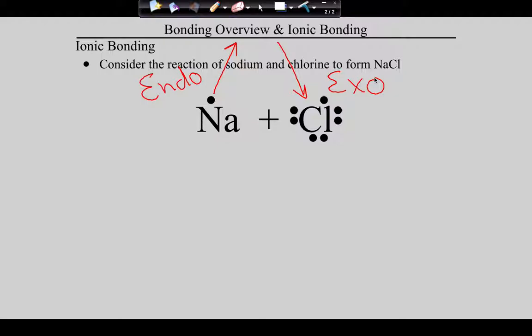But we could calculate the color of light that's released because it would be from energy level infinity down to energy level 3, and we could do that math and figure out the color of light that's released. See how all of that comes from chapter 6? But if nothing else, we know that the energy is being released and that makes it exothermic. Are we settled on that?